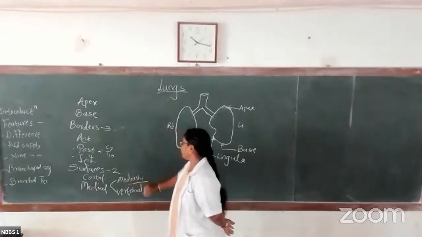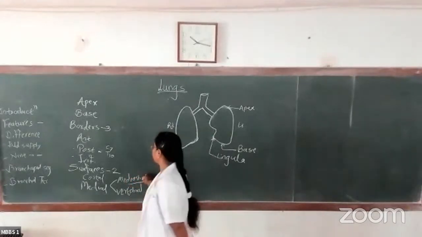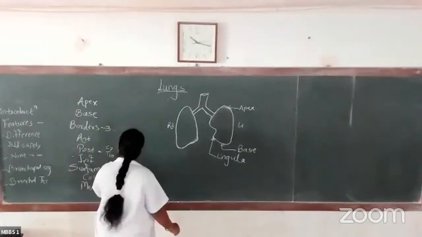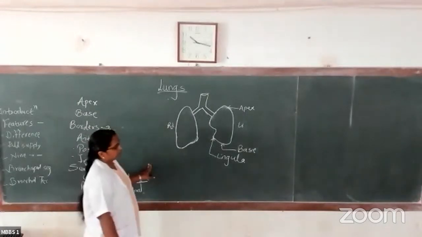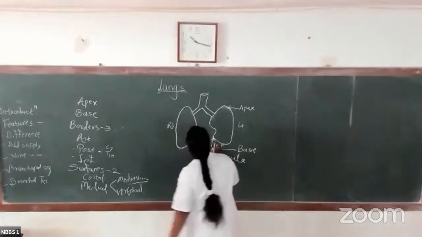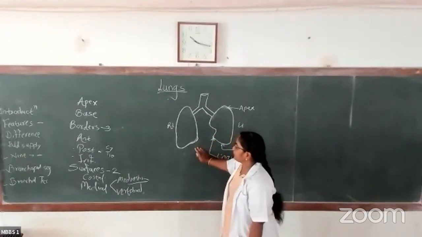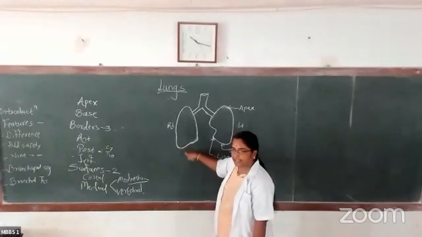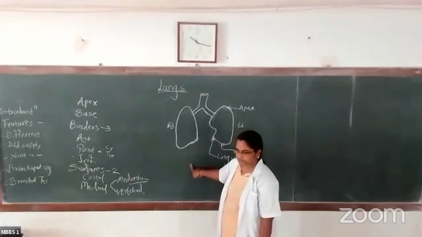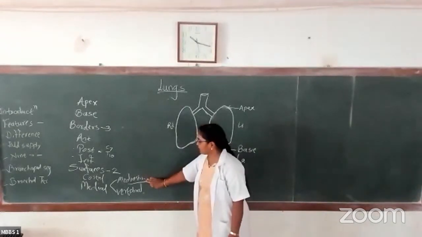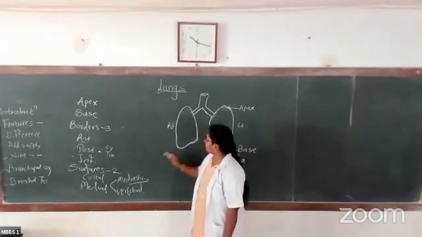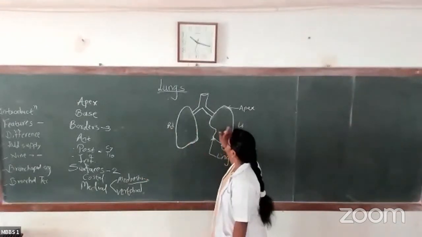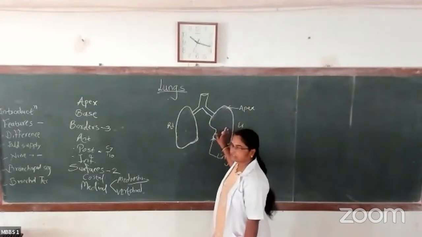Now the medial surface or mediastinal surface is related to the root of the lung, again mediastinal septum, and the impressions which are present on both the lungs are different in both these lungs.